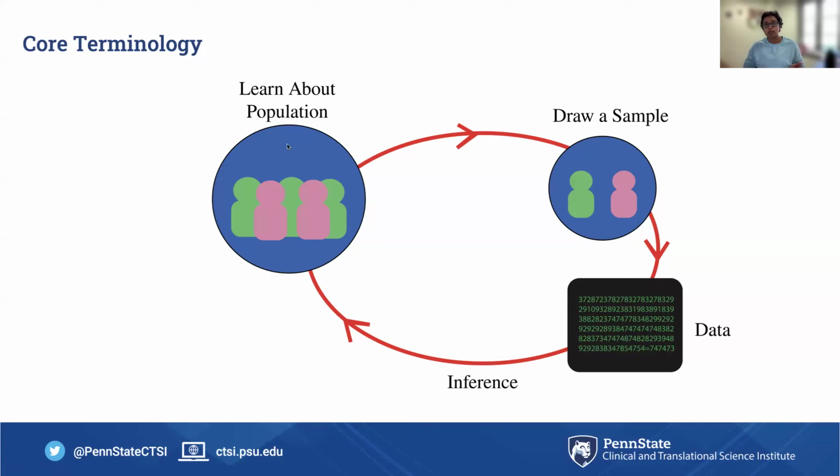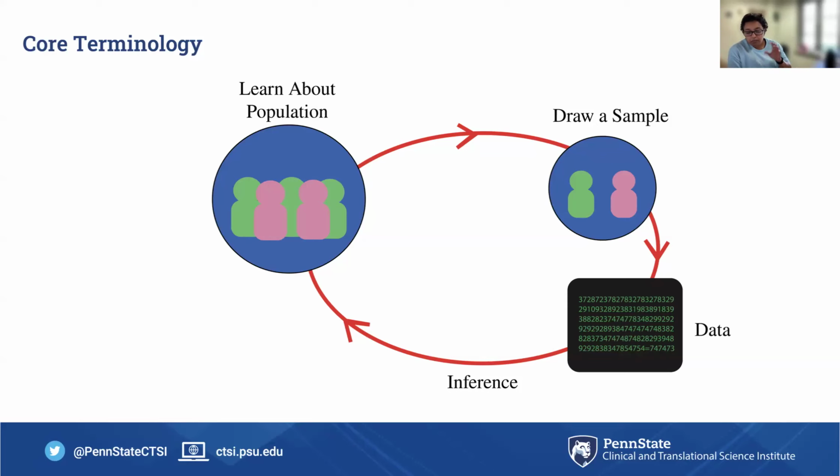So what we do is we take a representative sample and collect data on this sample. There are different ways to take a representative sample, and Alan might have discussed some of these techniques in the last session. Once you collect the data, then we look at the patterns in the data to make conclusions.